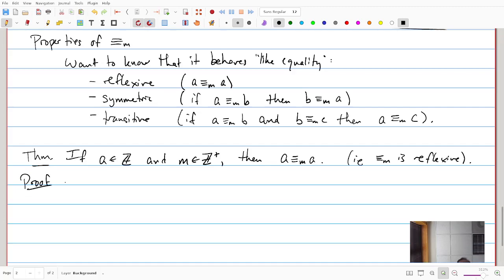Proof. This one is very easy to prove. If we apply the definitions, what does it mean that A is equivalent modulo M to A? That's if and only if M divides A minus A.